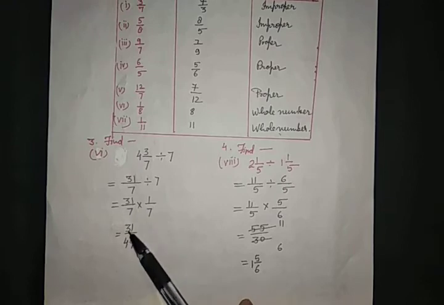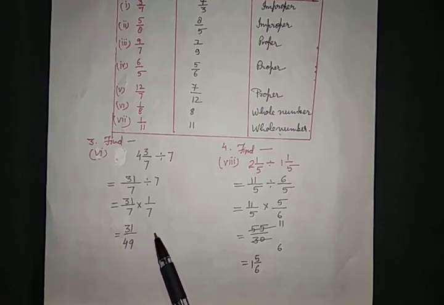31 into 1 is equal to 31 and 7 into 7 what? 49. Now you can see that you cannot reduce it, because here 31 upon 49 is in irreducible form. But you will not convert this into a mixed fraction.